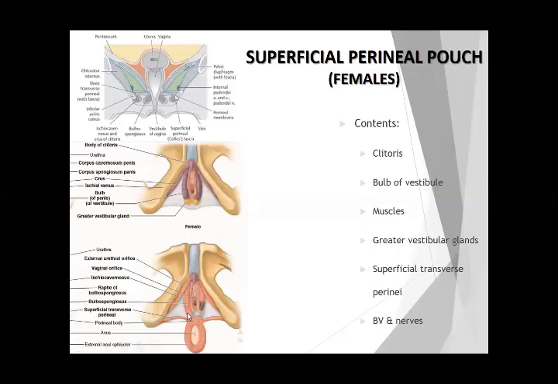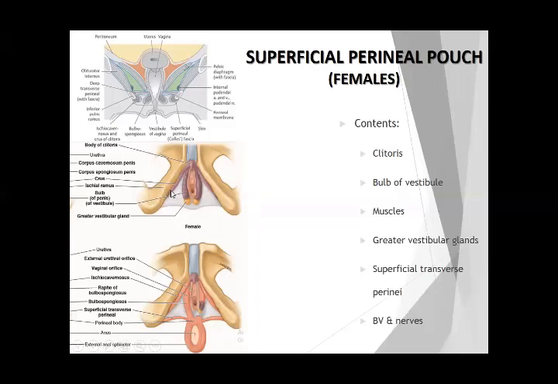Covering the bulb of the vestibule is the bulbospongiosus muscle. This is the bulbospongiosus in the females, one on either side, cut in half. And this is the ischiocavernosus, covering the crus.